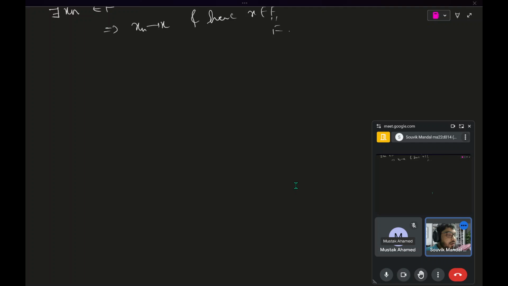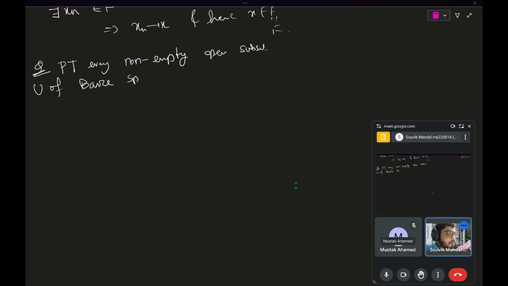Okay, now let's go to the next problem. Prove that every non-empty open subset U of a Baire space X is a Baire space. How to solve it?